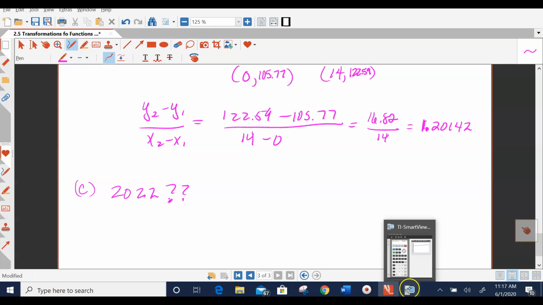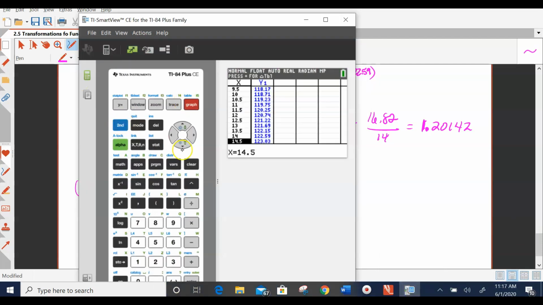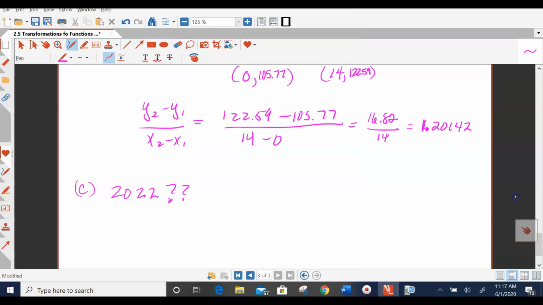I'm going to go back to my table and see what happens when the x value is 22. Just involves a little more scrolling. There we go. At 22, it's 128.16.